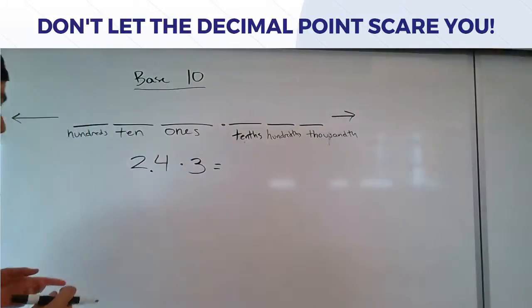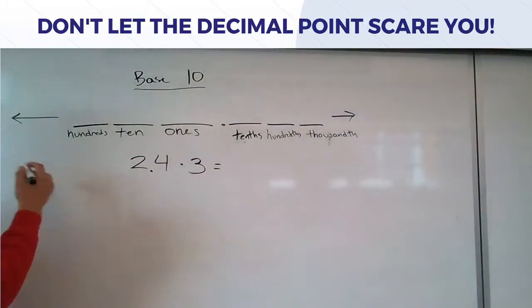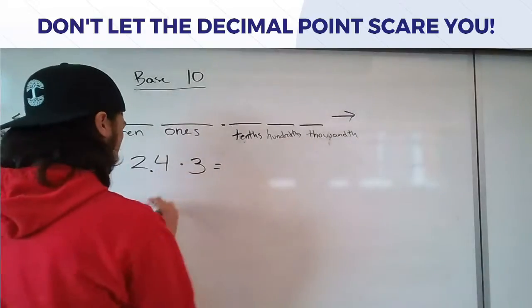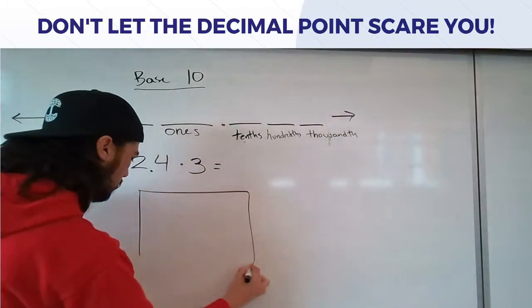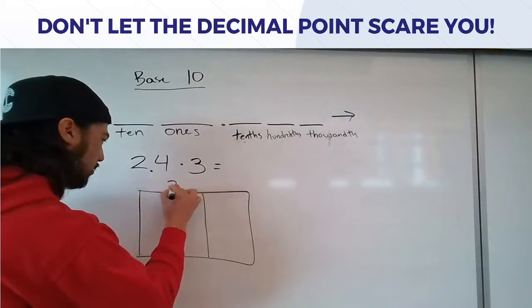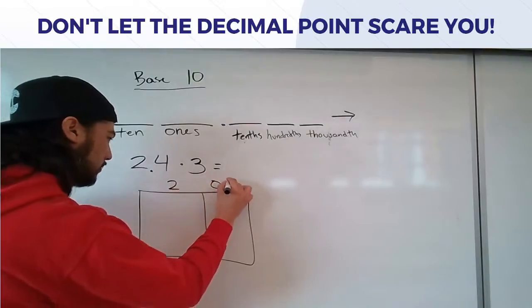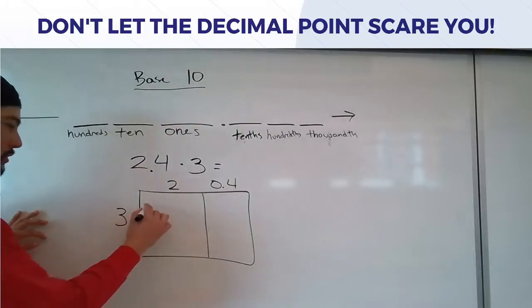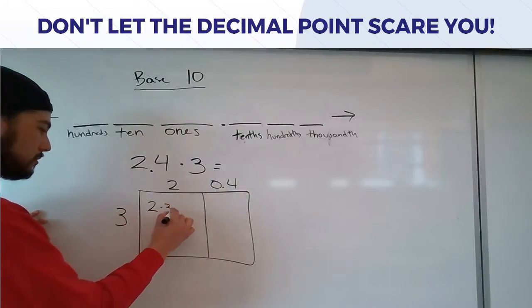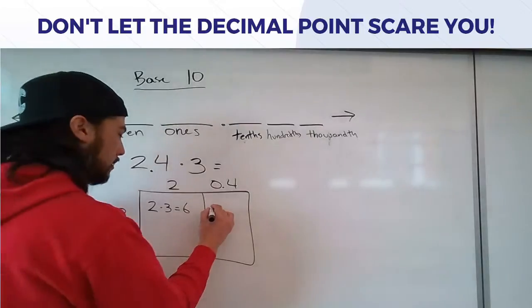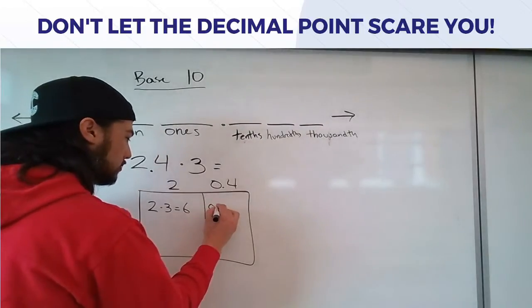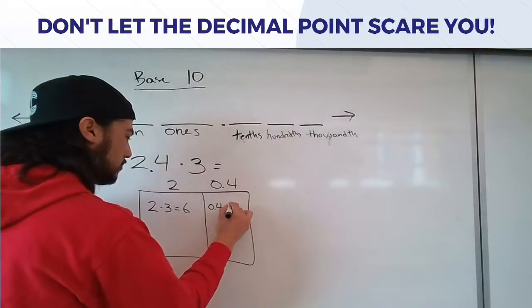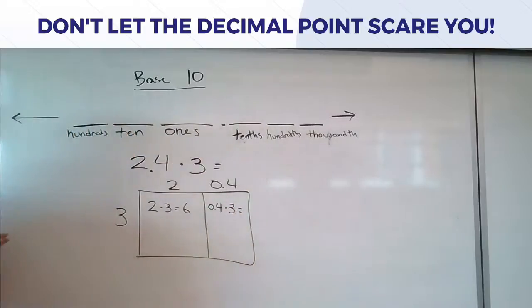Because when we think about 4 tenths, we know we're going to have to do 2 and 4 tenths, so expanding that out, times 3. 2 times 3, still 6. Now we're doing 4 tenths times 3.